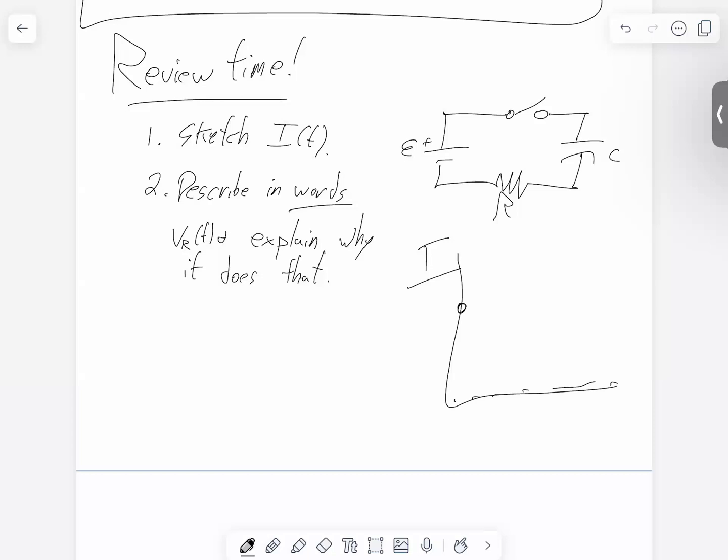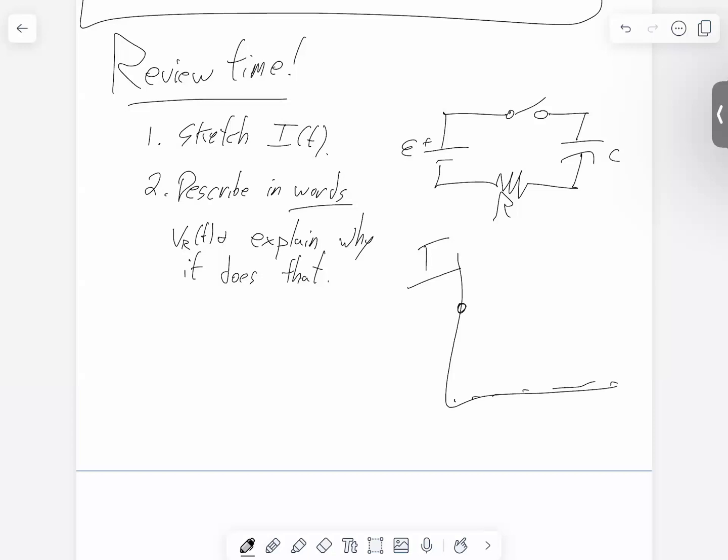If the derivative of charge is 0, if I is 0, how much voltage is across the resistor? What is the voltage across the resistor equation?